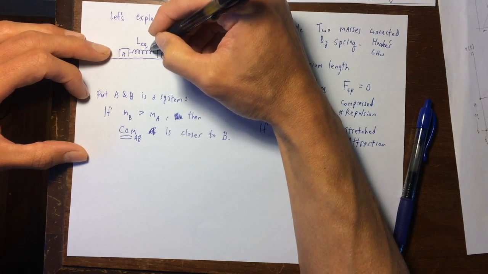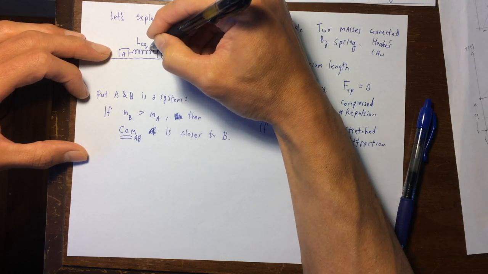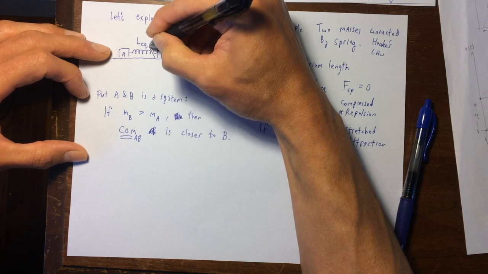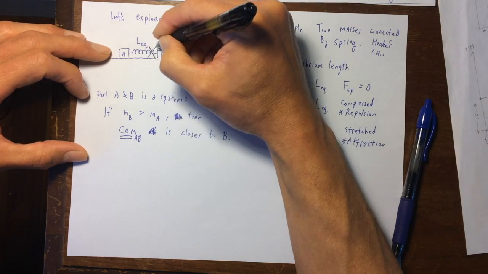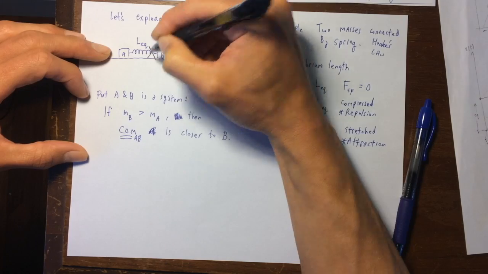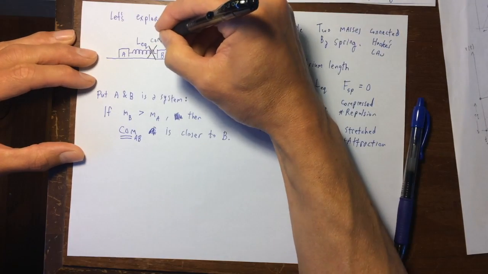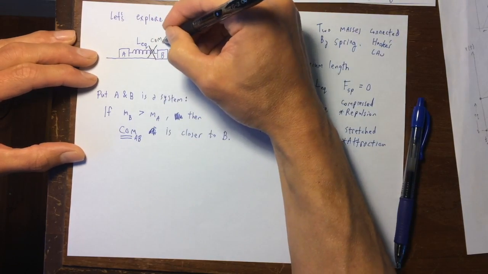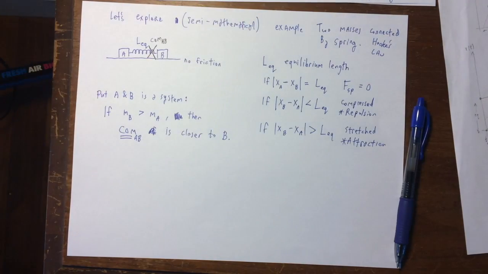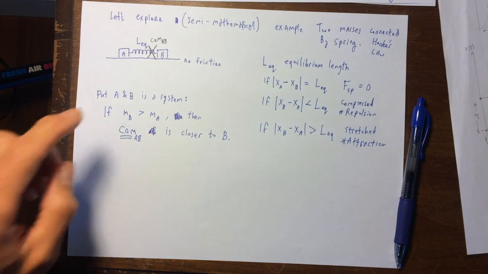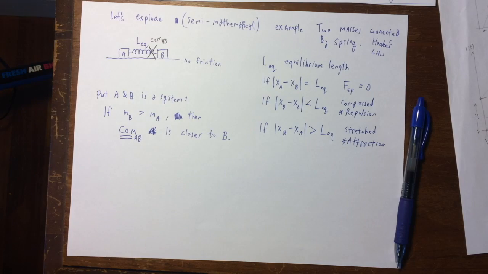But let's put the center of mass closer to B, like right here. So it's a lot closer to B than it is to A. So this is the center of mass of the A-B system. It's close to B, right? So, good.